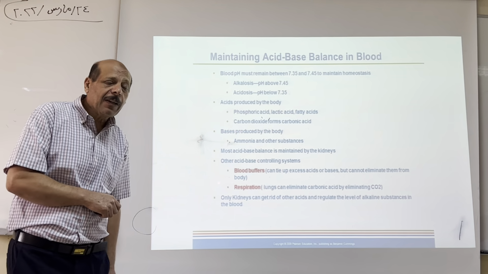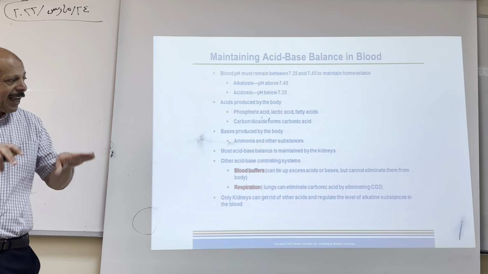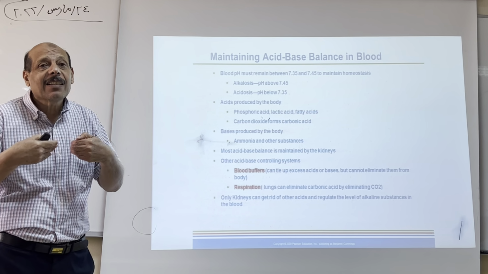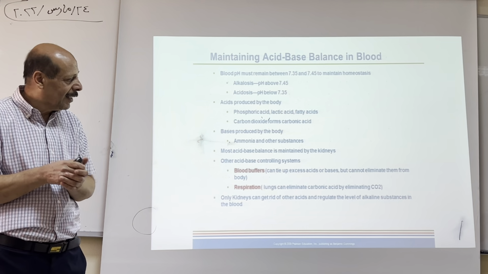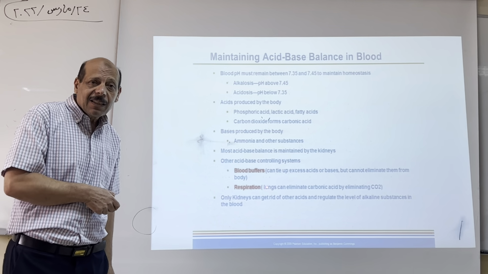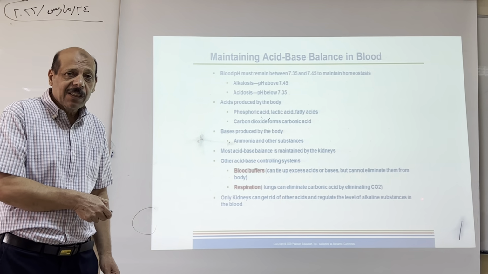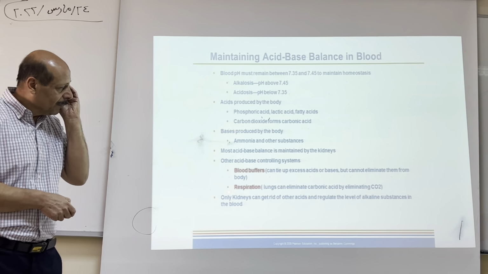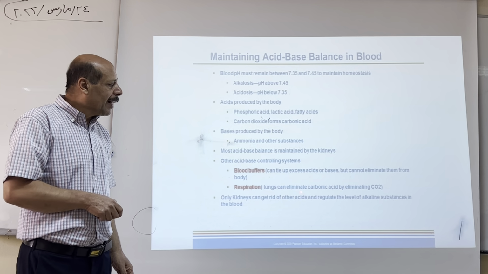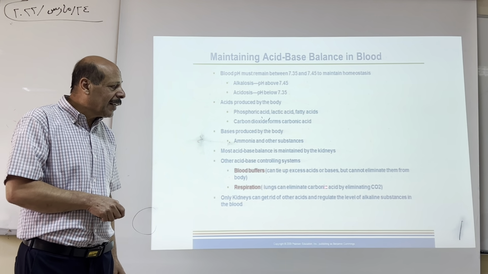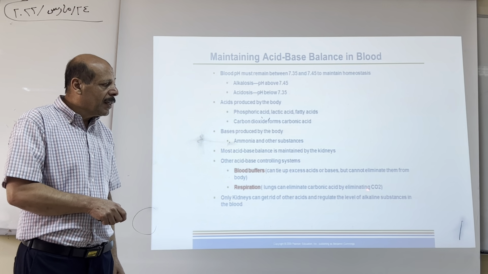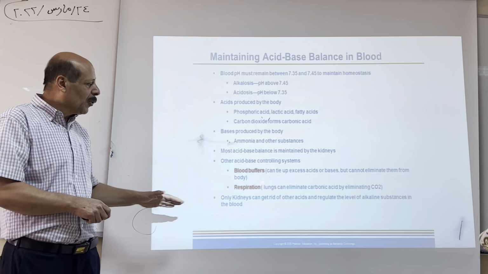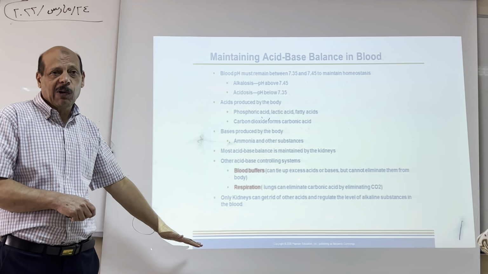So the blood buffers can modify, but they cannot get rid of acid or base outside. But the kidney can get hydrogen out of the body. Also, the lung can eliminate carbonic acid by elimination of CO2, which will decrease the acidity in our body.